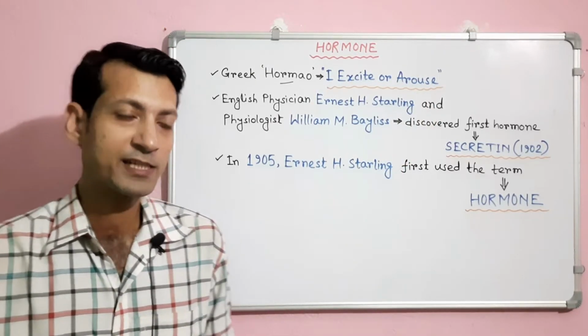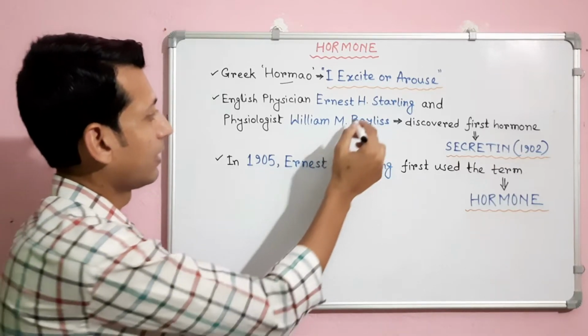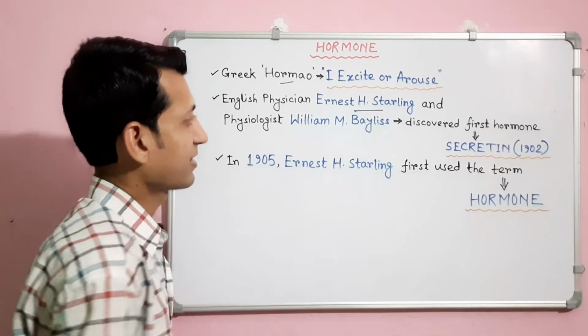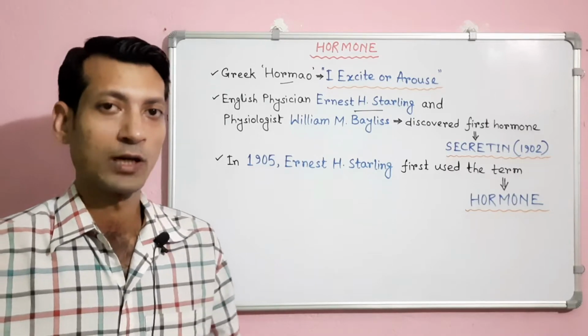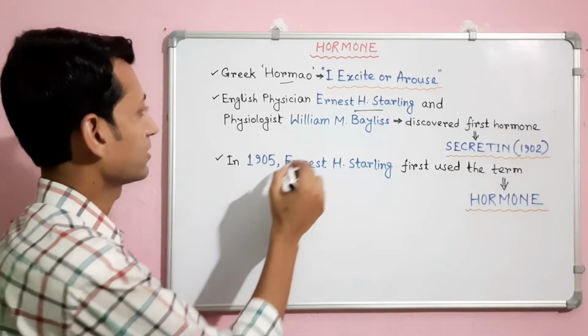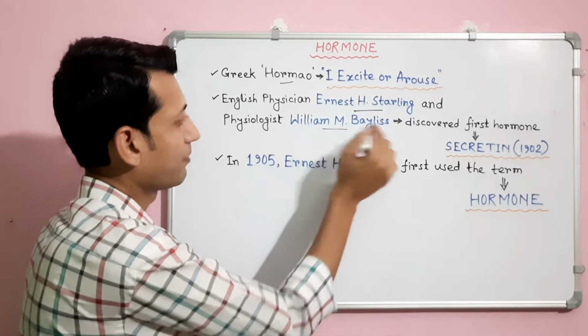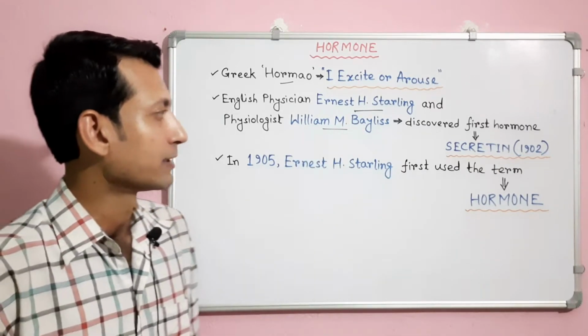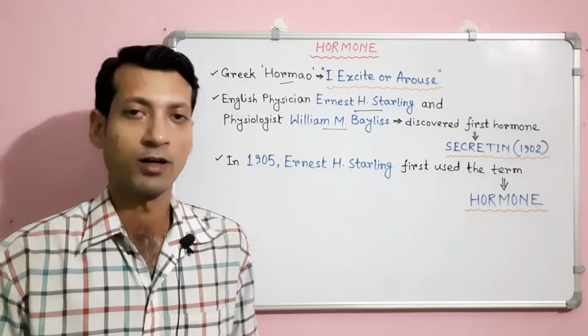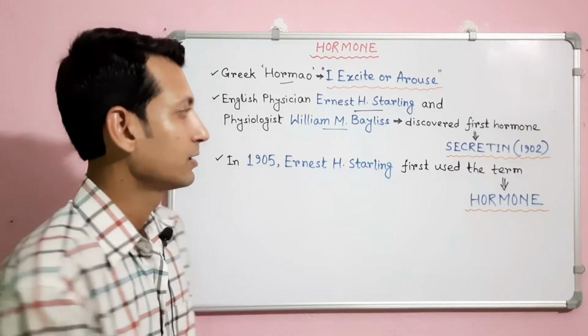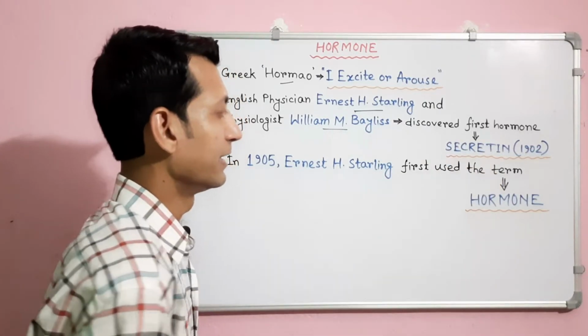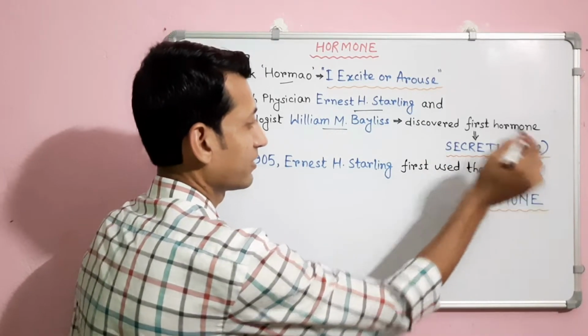The English physician Ernest Starling, in collaboration with physiologist W.M. Bayliss, discovered the first hormone, named Secretin, in 1902.